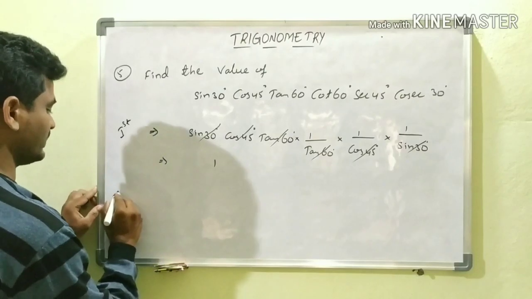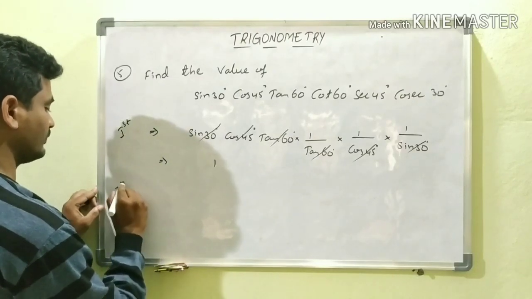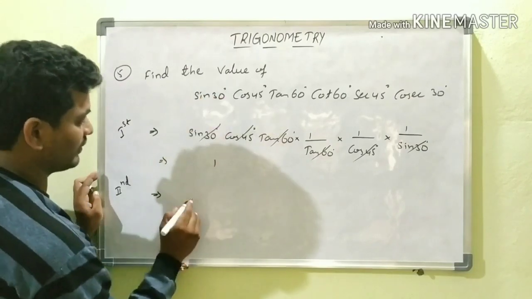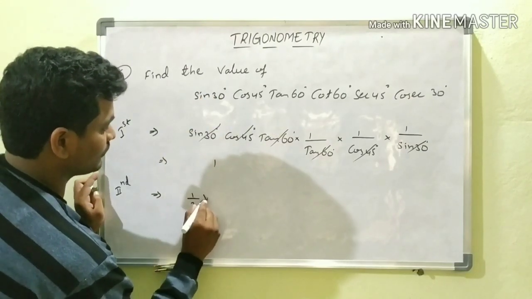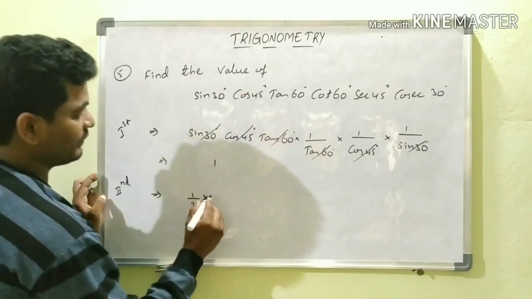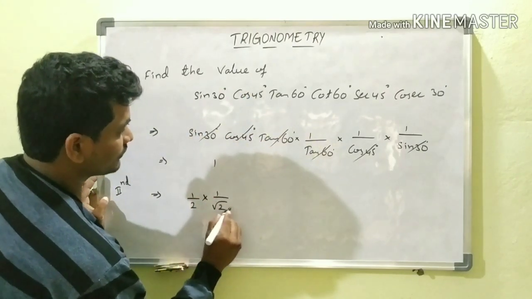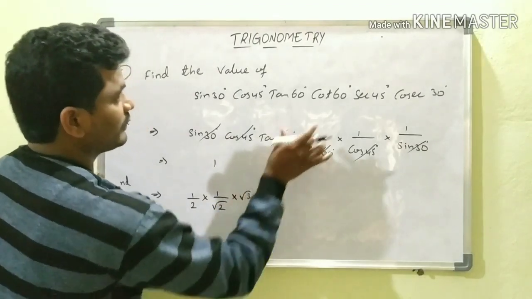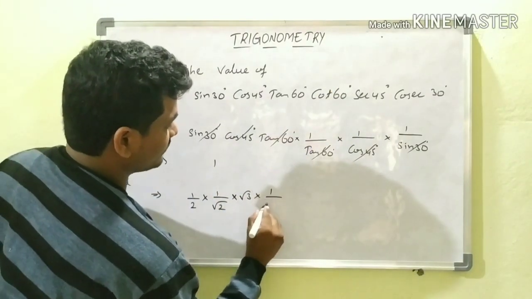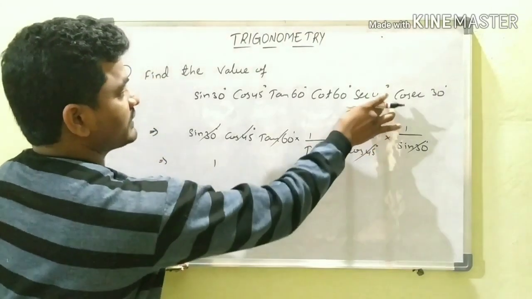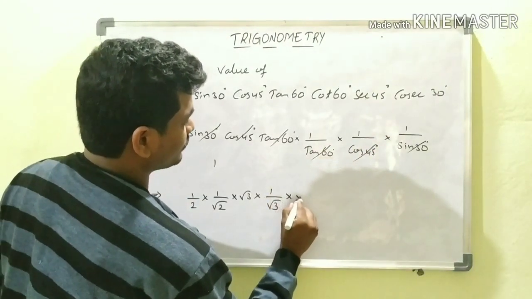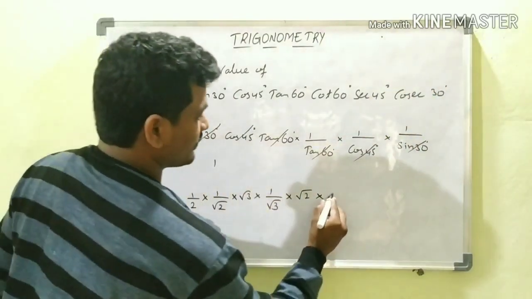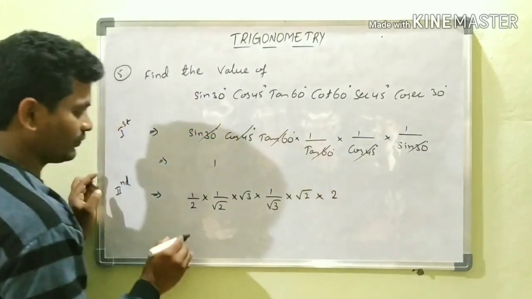And the second method is by substituting. Sin 30 equals 1 by 2, into cos 45 is 1 by root 2, tan 60 is root 3, cot 60 is 1 by root 3, sec 45 is root 2, and cosec 30 is 2.